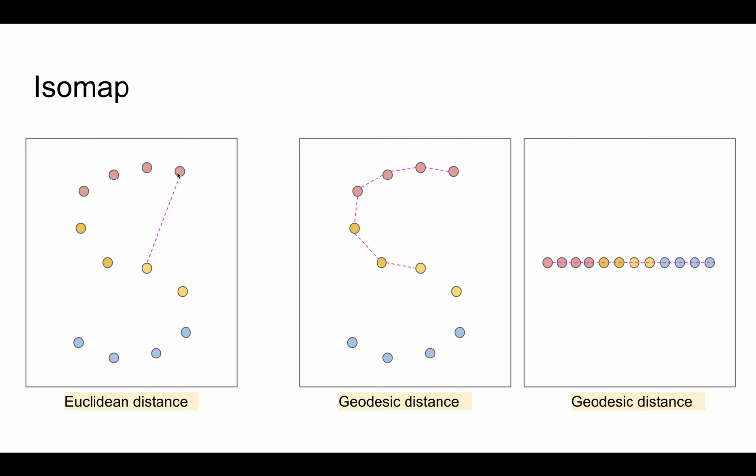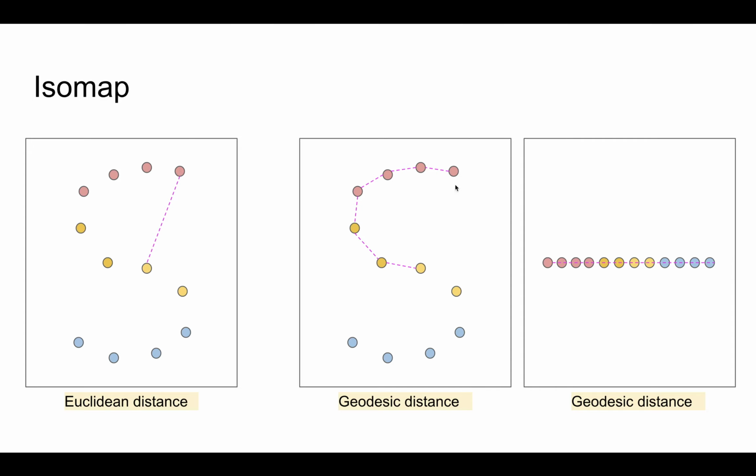So here the orange data point is much farther from the red data point because they are on a curve, and the Euclidean distance may not be able to capture that.